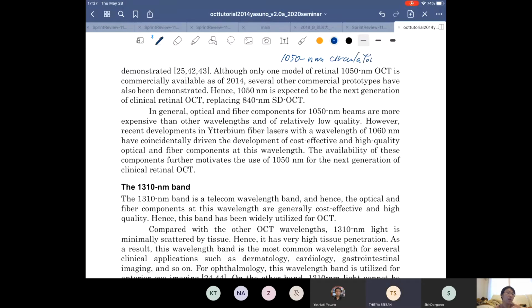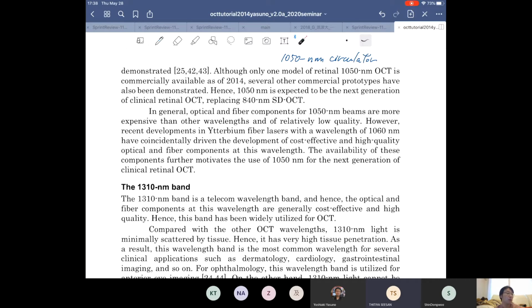When I first used the 1050 nanometer for OCT, the 1050 nanometer circulator was not good, and it was more than 10 times more expensive than that of 1.3 microns. That was really not a good choice. Even the coupler was similar: it was again 10 times more expensive, and its performance was not good.